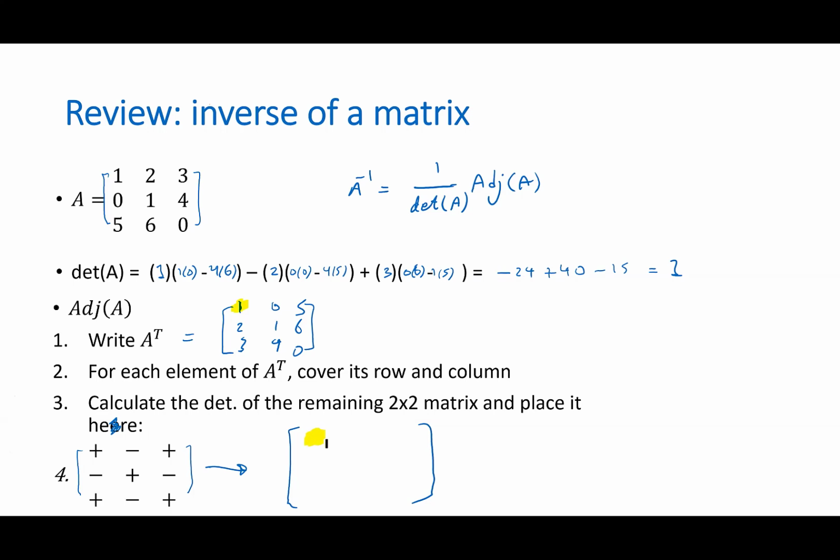And it has a positive sign, right? What do I put here? I ignore the column and row of that element. So I ignore these two. And I'm left with a 2 by 2 matrix. And I put the determinant of that here. What's the determinant of this? 1 times 0 minus 6 times 4. So that's minus 24.